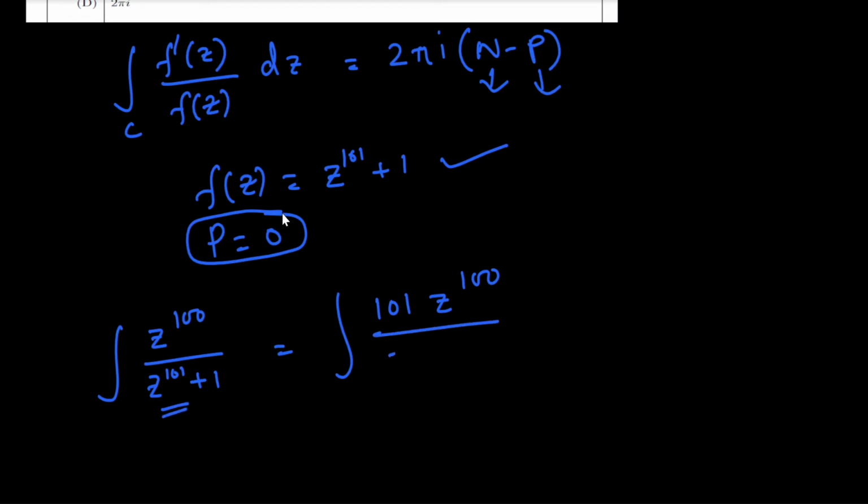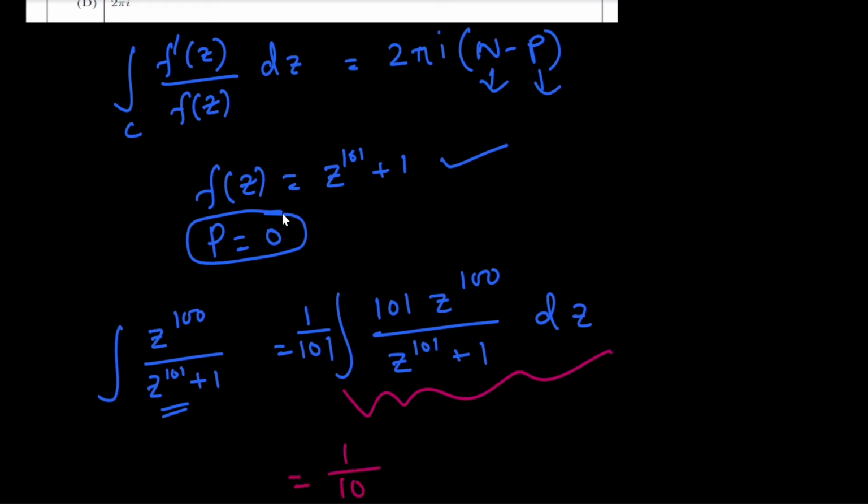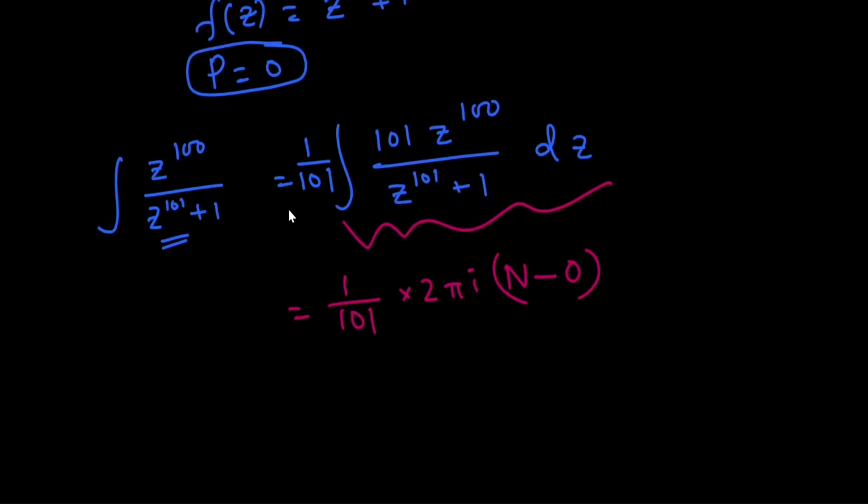Now we apply the argument principle to this integration. So this is equal to 1 by 101 into 2 pi i into N minus P. This is the value of the integration. P is 0 here, since there are no poles.